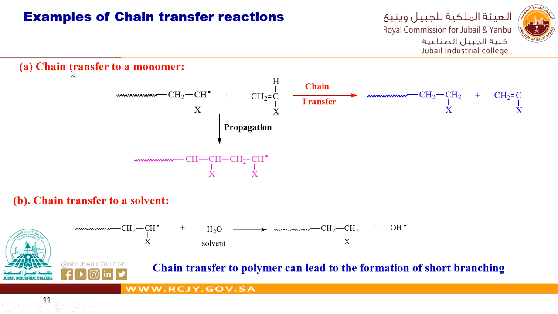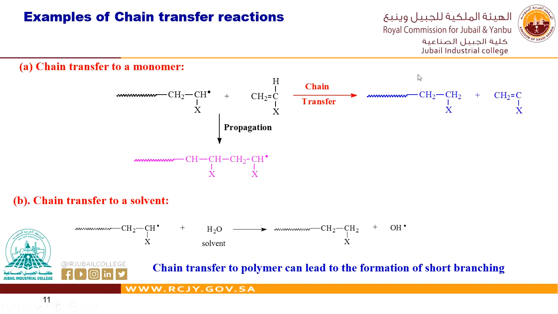So this one is a monomer, and this one is what? A solvent. So chain transfer to a monomer means that the free radical is transferred to a monomer. Chain transfer to a solvent means that the free radical is transferred to a solvent, depending on the type of polymerization. For example, in solution polymerization, you end up with chain transfer to a solvent.